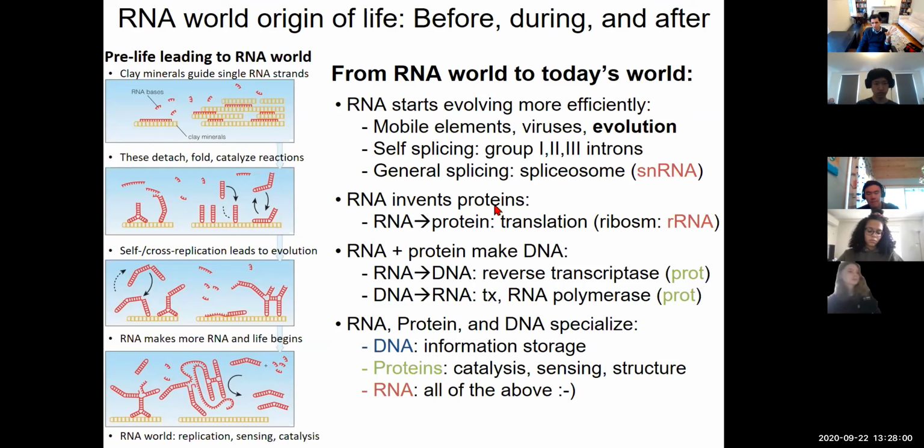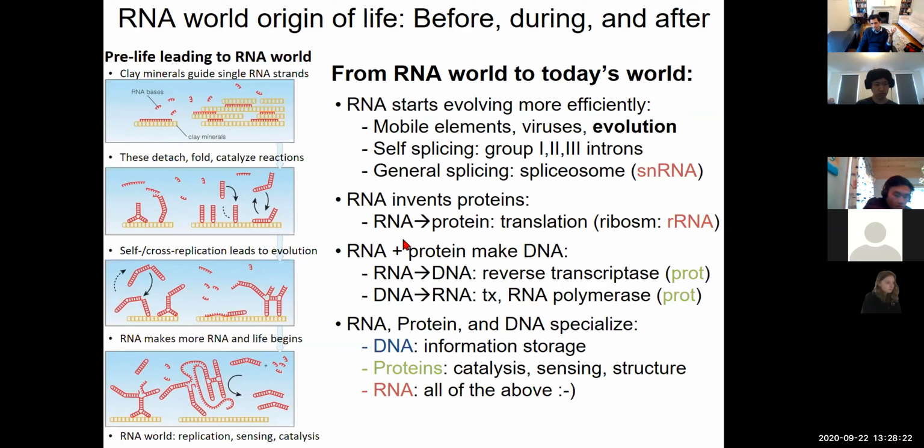It's a very different book of Genesis I'm giving you here, where RNA, all-powerful, says on the seventh day, I'm just going to rest. I'm just going to have protein do all the work. So RNA eventually invents protein. You have translation, and that's the ribosomal RNA, the rRNA that we still see today. And you now have RNA and proteins existing together.